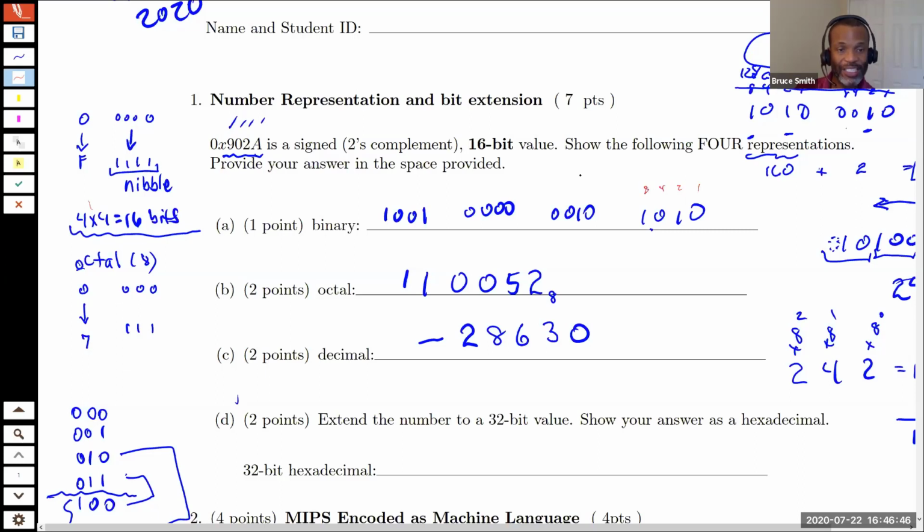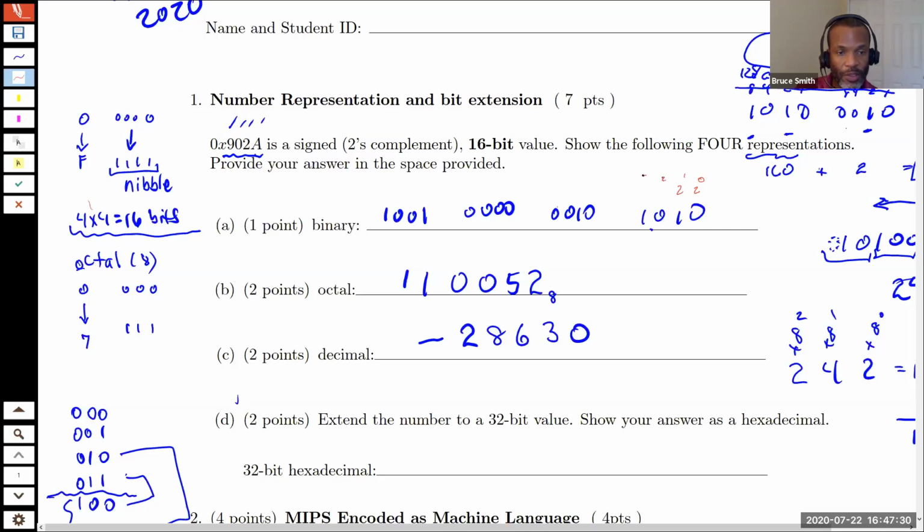1, 2, 4, 8, 16, 32, 64, 128, 256, 512, 1024, 2048, 4096. And then it looks like it's easier if I take all of these values. Let's do it like this. Maybe I can simplify this even more. If I do it like this, this is the radix raised to the 0 power, or the radix raised to the first power.